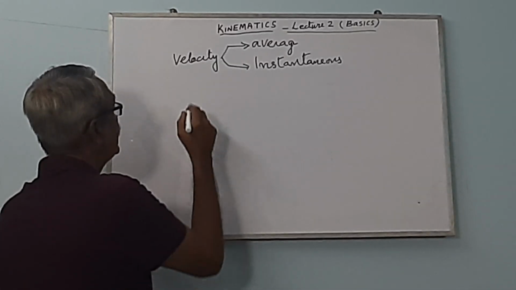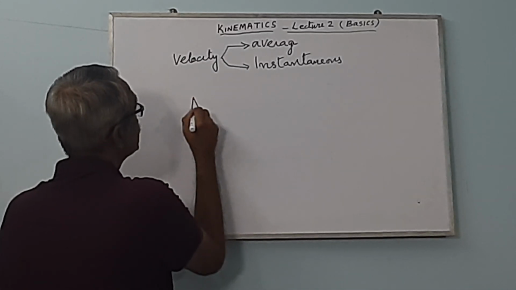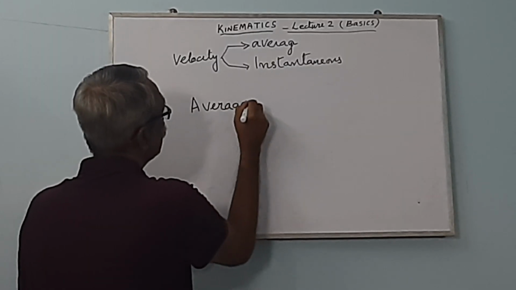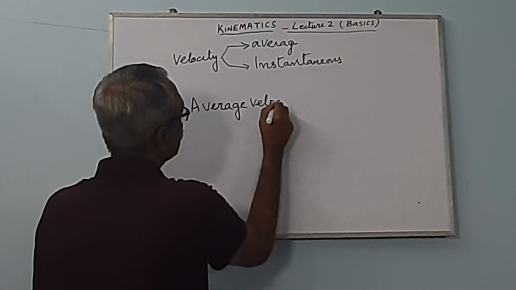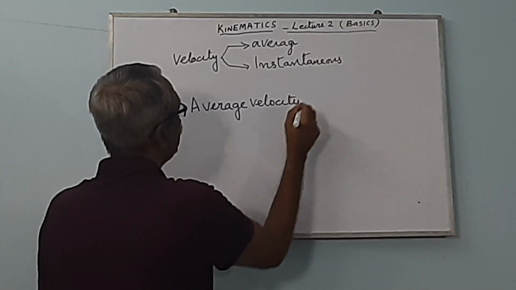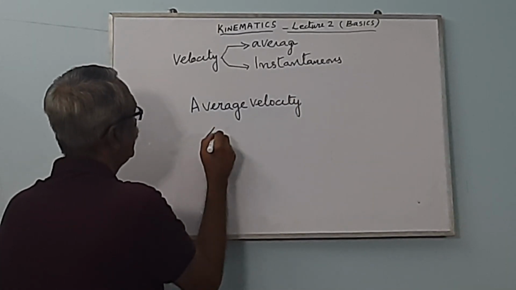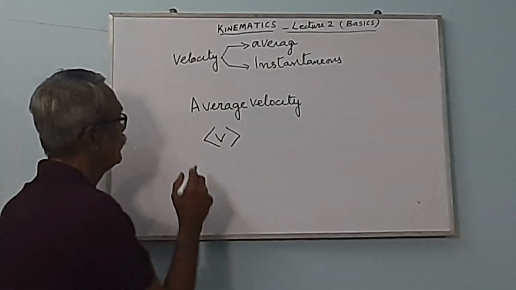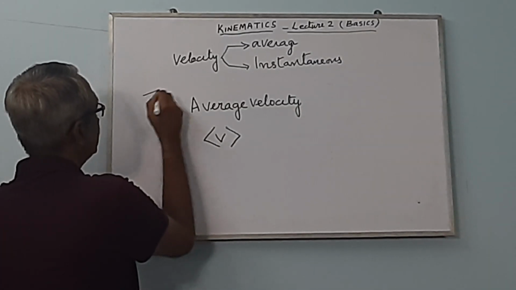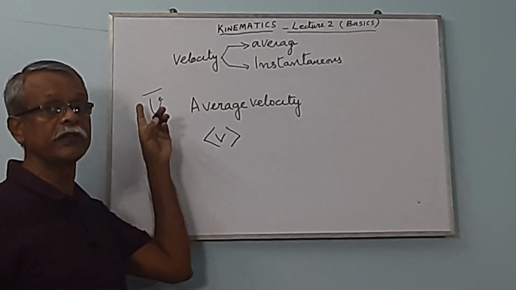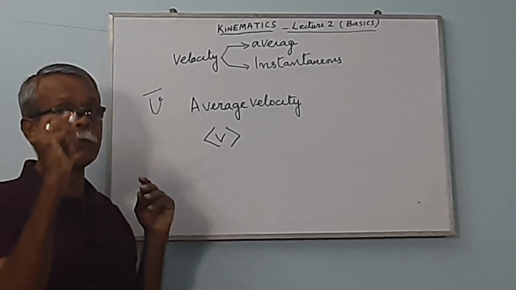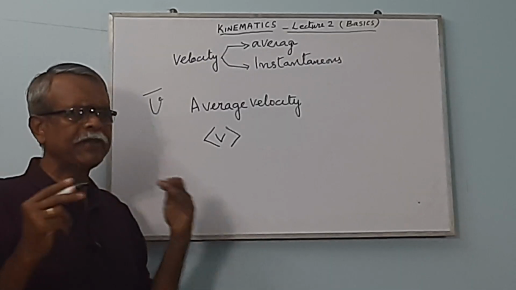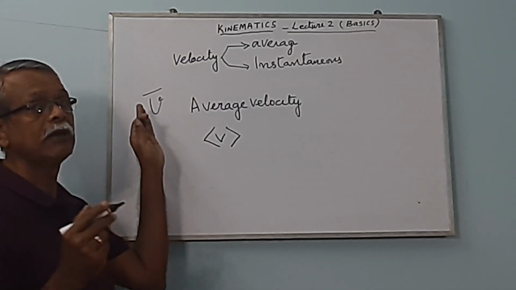We can say that average velocity, this we usually represent by a curly bracket on both sides. Some people mark it like this. Your NCERT textbook uses this convention, an overbar, but the overbar will make you a bit confused when you deal with vectors.